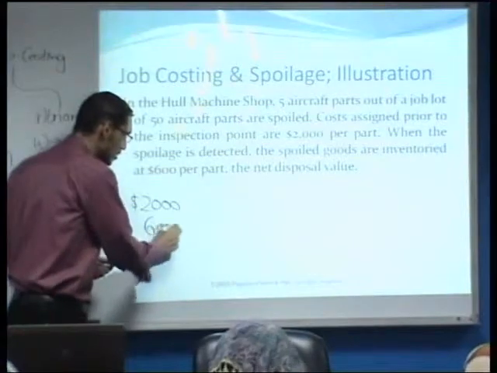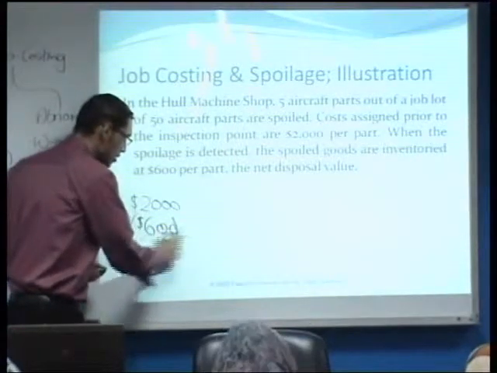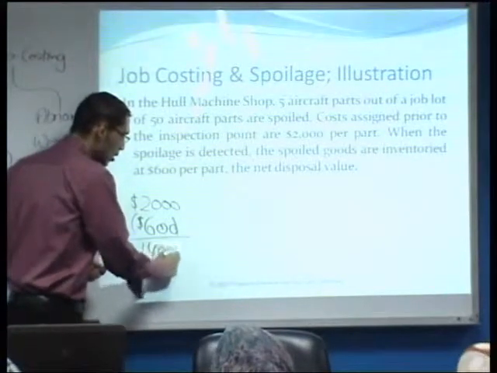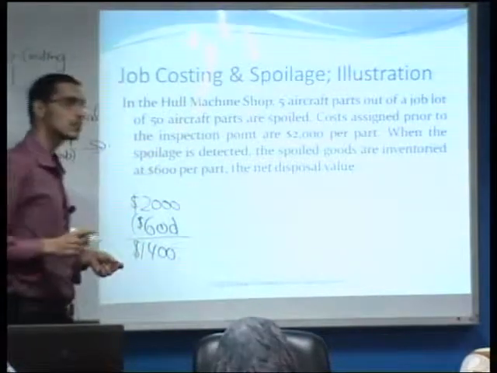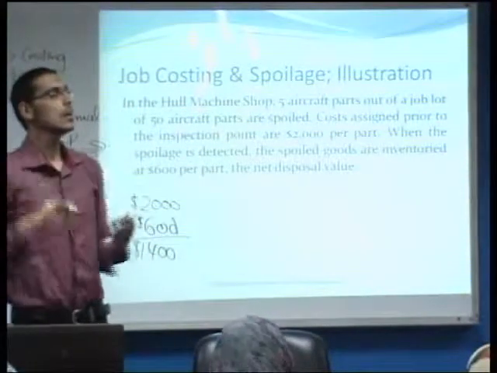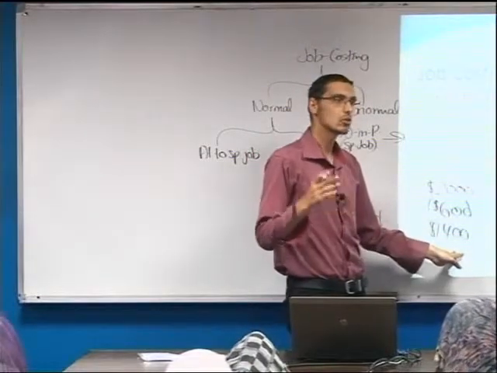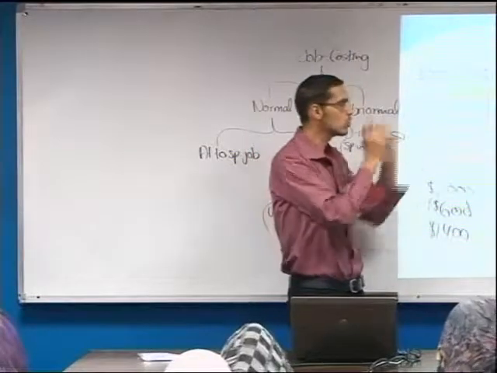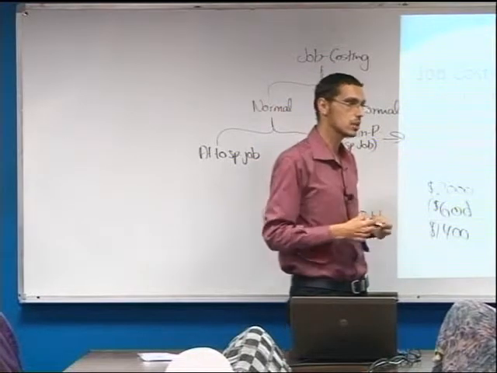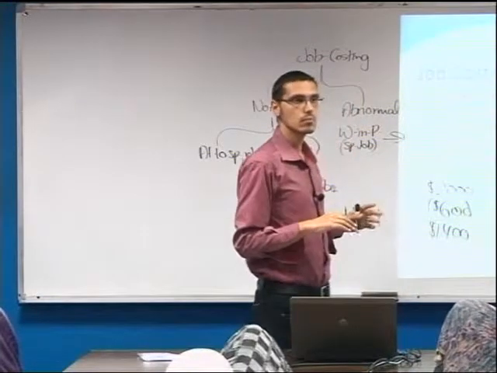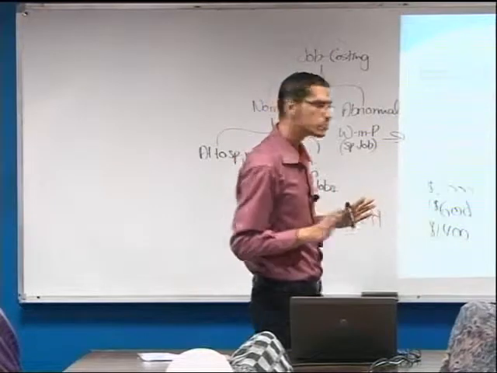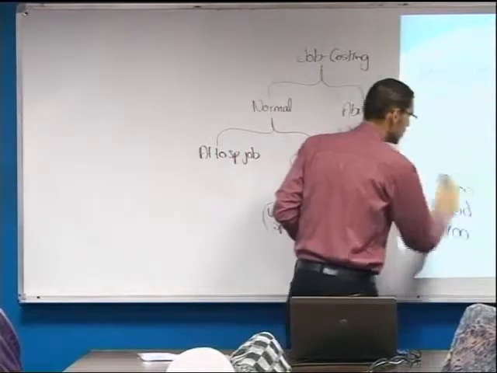Therefore, the actual cost that will be considered is the 1,400, as the normal spoilage or the abnormal spoilage, as we are going to see. Any questions?